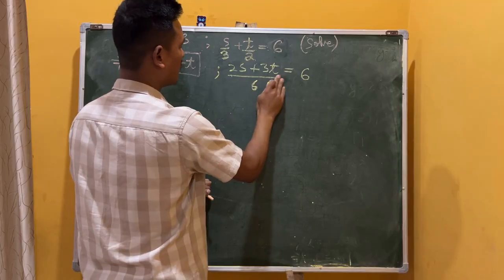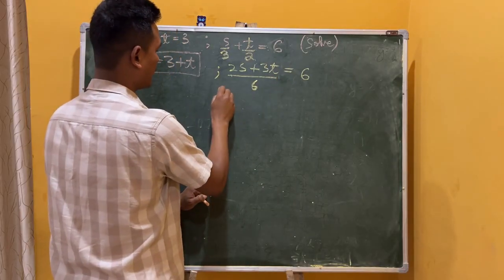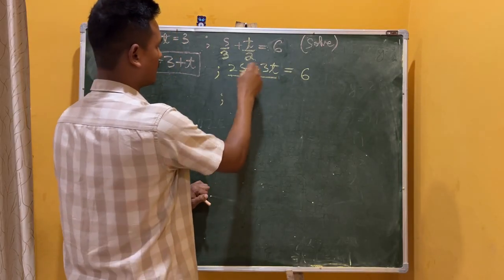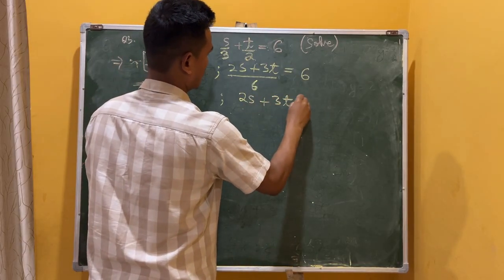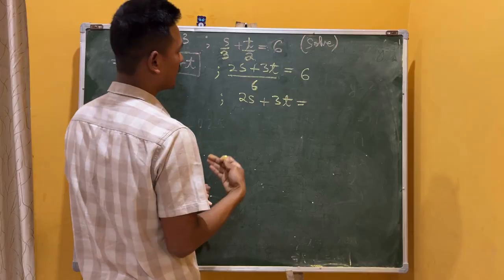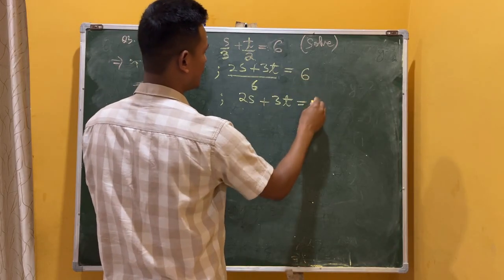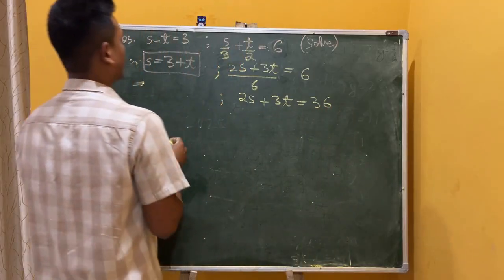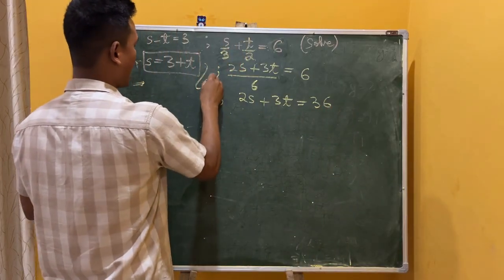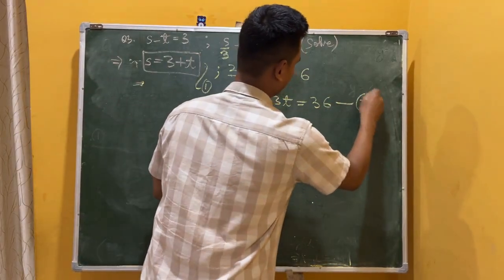I hope you know how this follows. These are very simple equations. This 6 will go on your right hand side and multiply with this 6 and it becomes 36, right? Let's say this is equation 1 and this is equation 2.